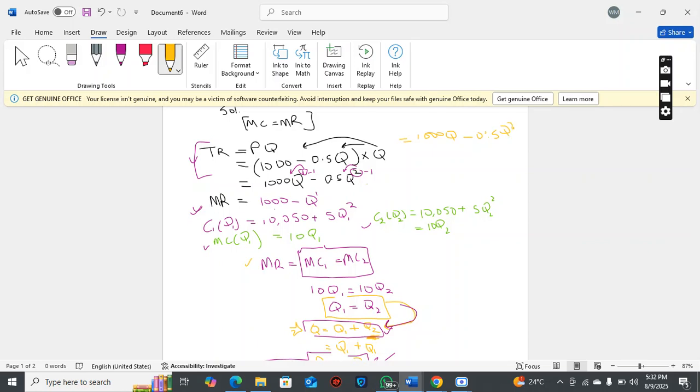So we already have the value of Q. So you say 1000 times 166.66 minus 0.5 times 166.66 squared.